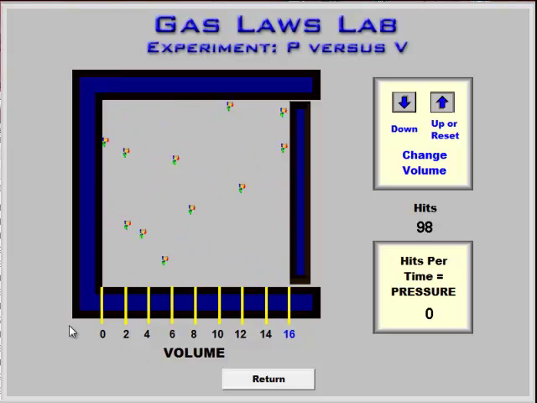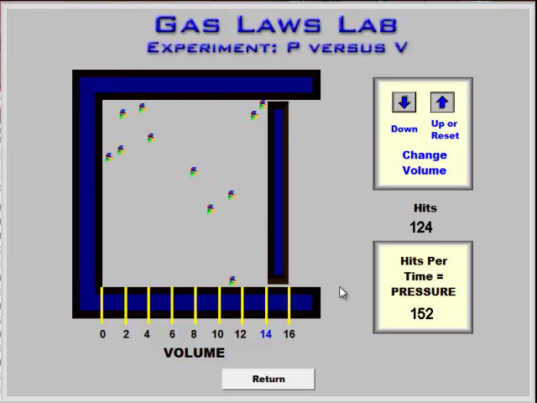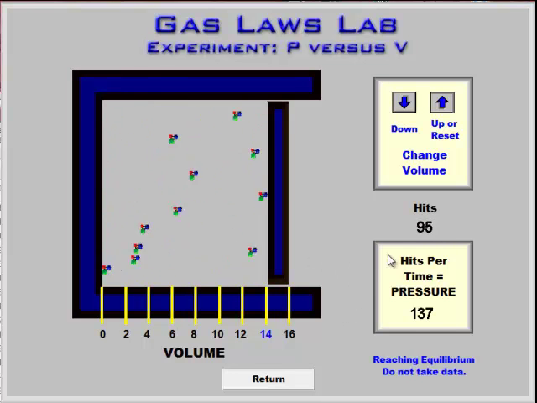As you can see, we've got a number of molecules that are bouncing around inside of a container. We're doing pressure versus volume, so we can change the volume up and down. And then we take the pressure by measuring the hits per time.